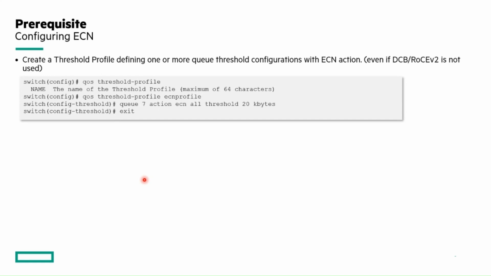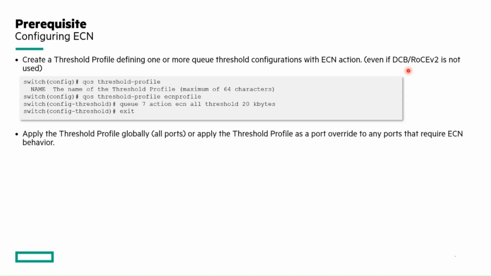Now again, this is a kind of prerequisite. If the user wants to see the congestion data, ECN should be enabled. So the user can create a threshold profile defining one or more queue threshold configurations with a particular ECN action, even if DCB or RoCEv2 is not used on the switch.